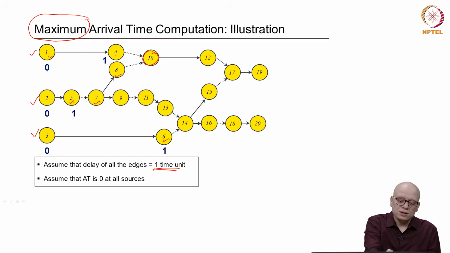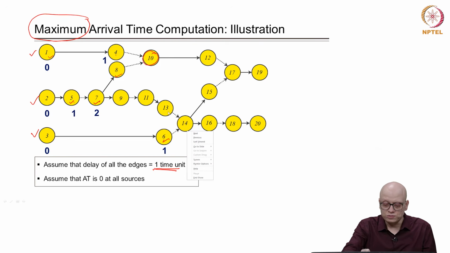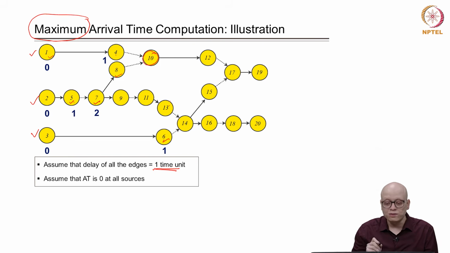Yes, we can, because only one incoming edge is there, and we know the arrival time at the input vertex 5. We simply add 1 to it, and we get the arrival time at 7 as 2. Can we compute the arrival time of 14? We cannot, because we do not know the arrival time at 13, which is an input vertex. So, we have to wait.